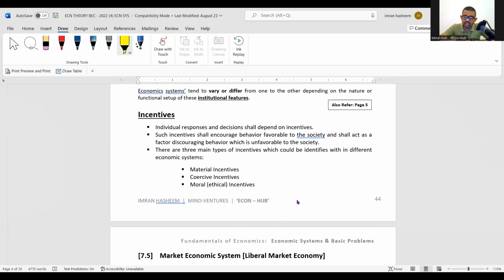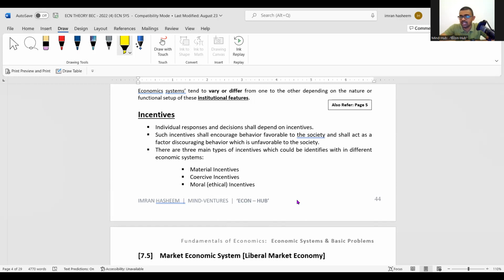Things that encourage and discourage us to behave the way we behave, make the decisions we make, act and respond the way we do, are called incentives. We believe such incentives encourage behavior favorable for society and discourage behavior unfavorable for society, because these incentives are created by the society itself.